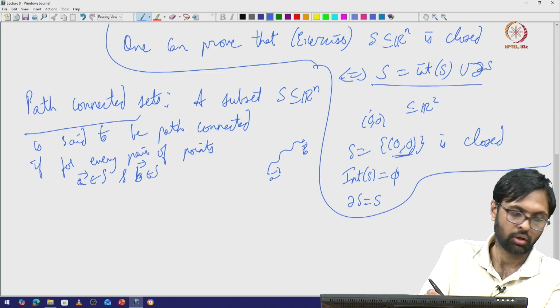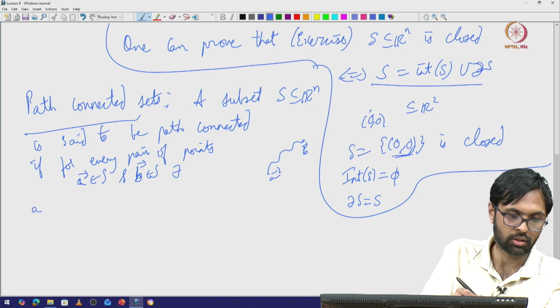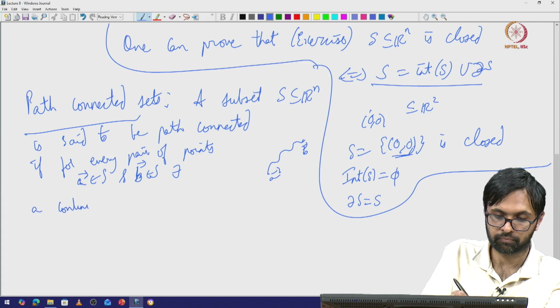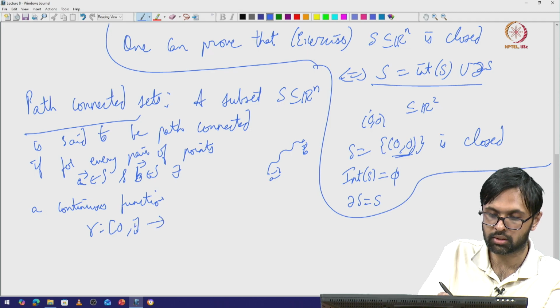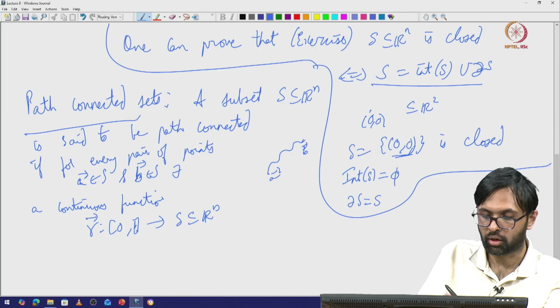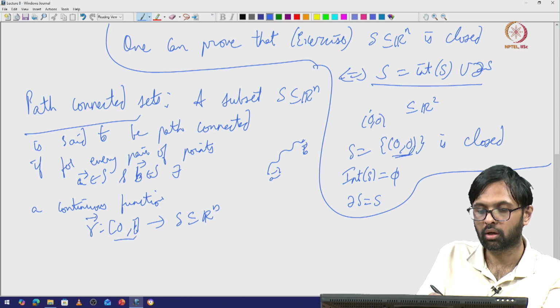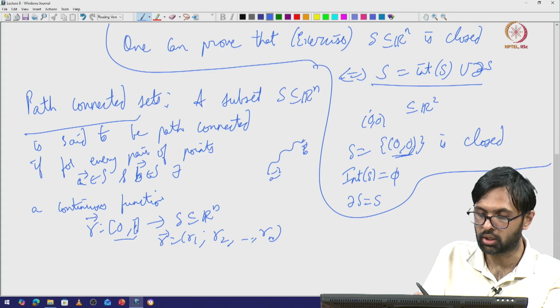There exists a continuous function gamma from [0, 1] to S in R^n. What does a continuous vector valued function from [0, 1] to S mean? It means that each component is continuous. Each of these is a continuous one variable function.